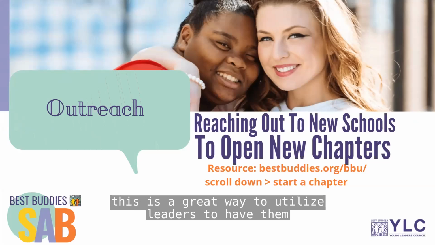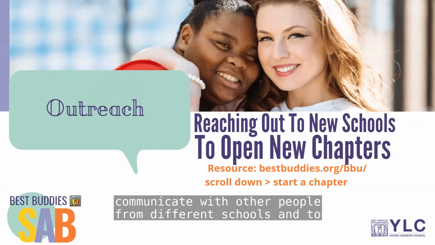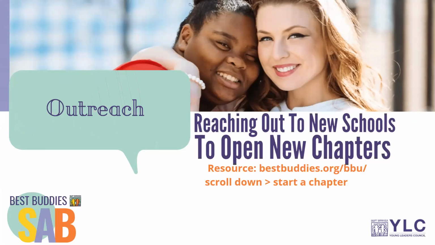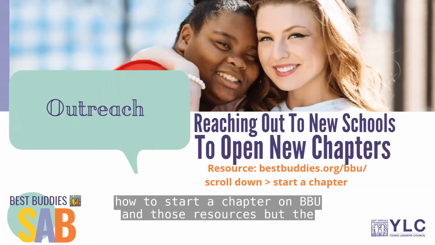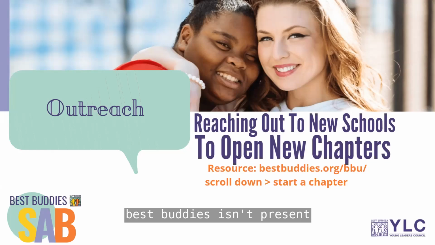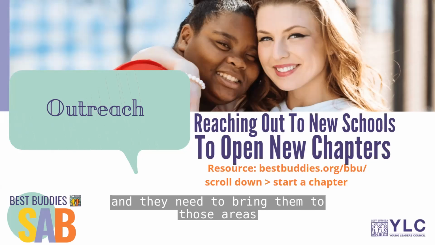This is a great way to utilize leaders to have them communicate with other people from different schools and give them information about Best Buddies. We have this on the screen, how to start a chapter on BBU and those resources. But the SAB really needs to be utilized in those areas where Best Buddies isn't present, and they need to bring it to those areas.